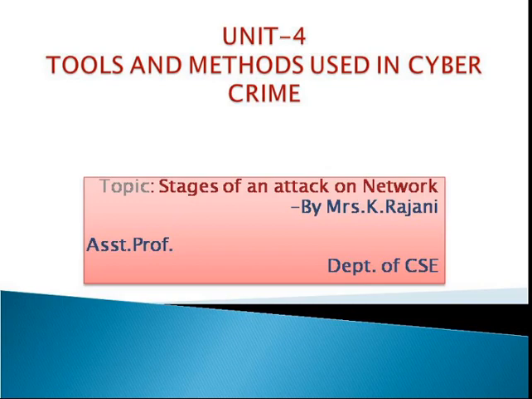So, the basic stages of an attack through which an attacker can compromise a network are six. Now, let's get into the topic and discuss in detail the different stages of an attack on a network.